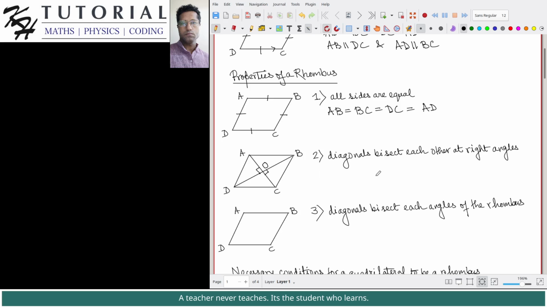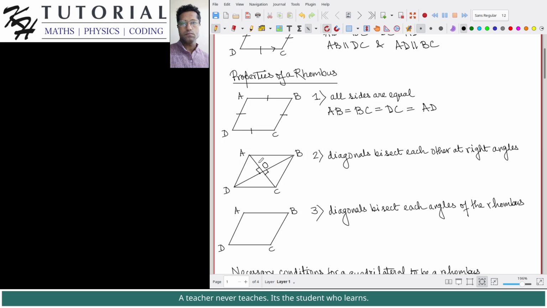Now, diagonals bisect each other because it is a parallelogram. In any parallelogram, we know that the diagonals bisect each other. But additionally, for a rhombus, the diagonals also intersect at right angles.